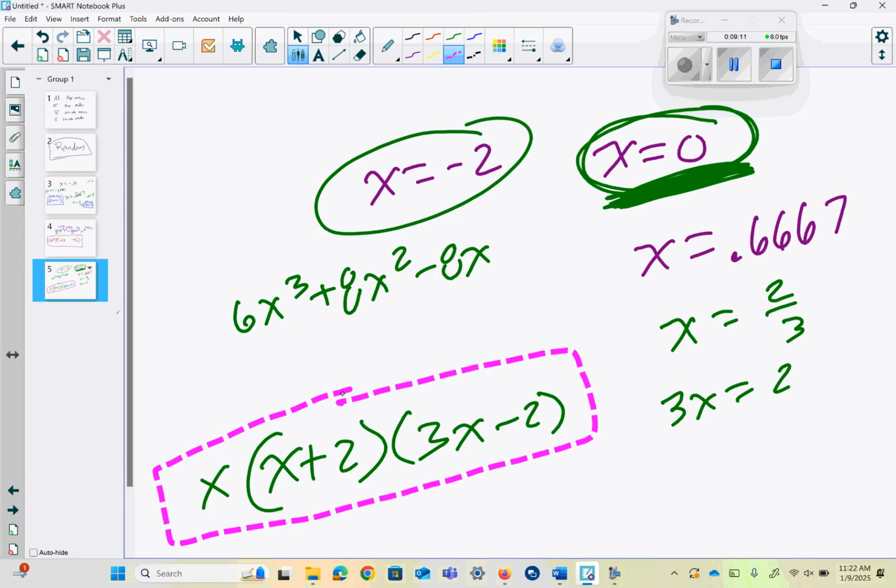But if I were to multiply this whole thing out, I would not get 6x to the third plus 8x squared minus 8x. Okay, so anyone want to take a shot at what we are missing up there? Yeah. A 2? Yeah, 2 on the outside.